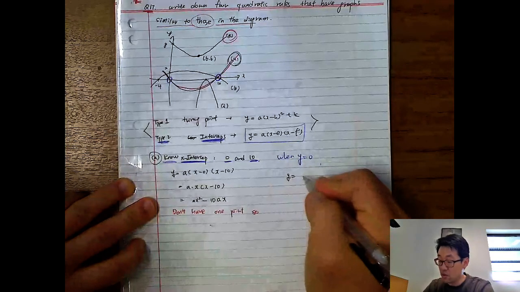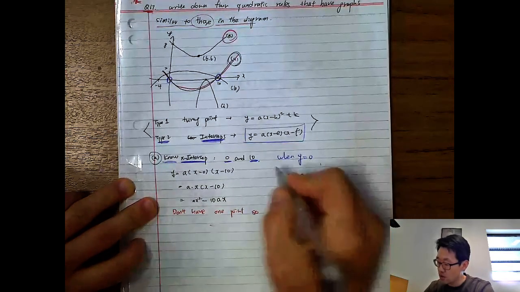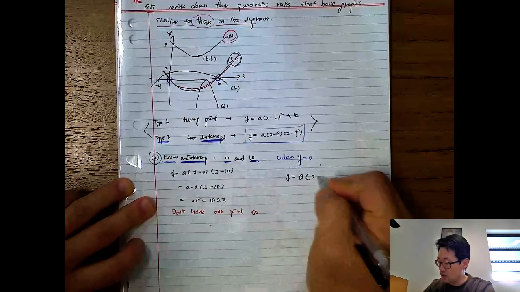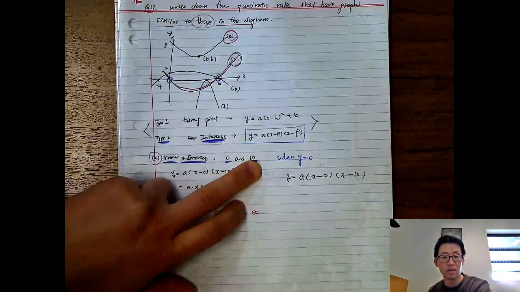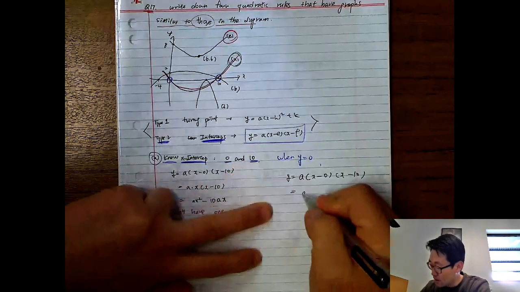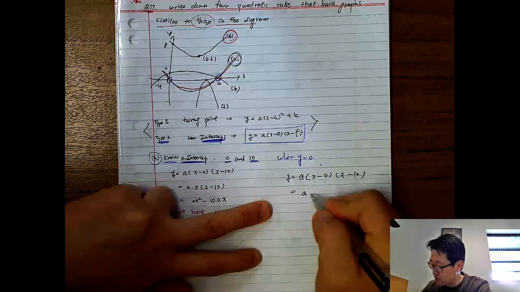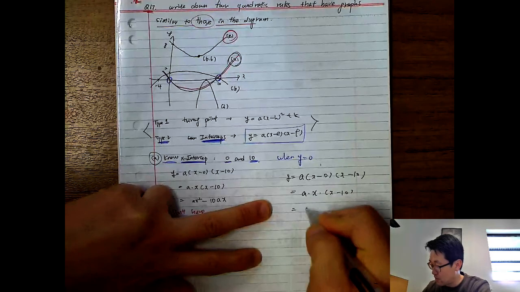Y equals, we don't know what the coefficient is, so write down A, but we know the roots: x minus 0, x minus 10. That's all you need to do. Cool? Yeah. And A, x minus 0, which is x minus 10.